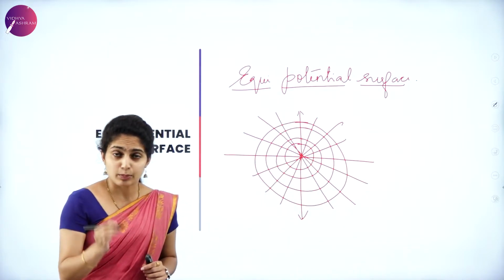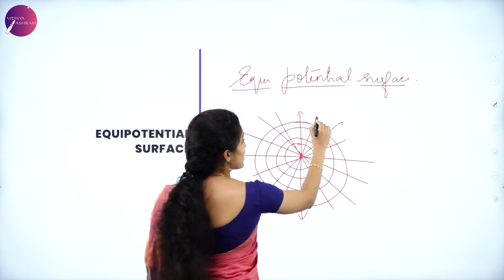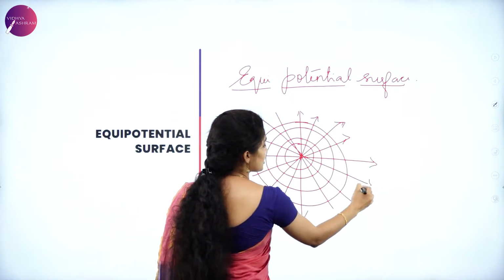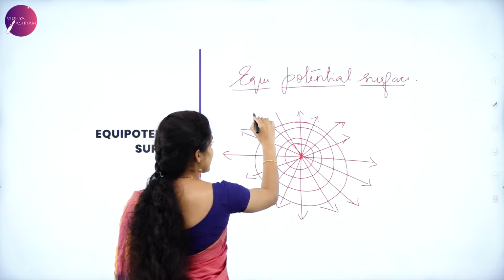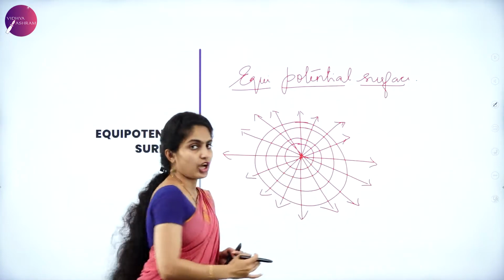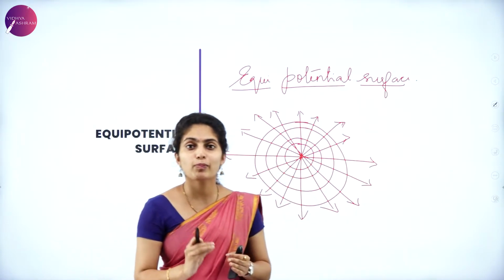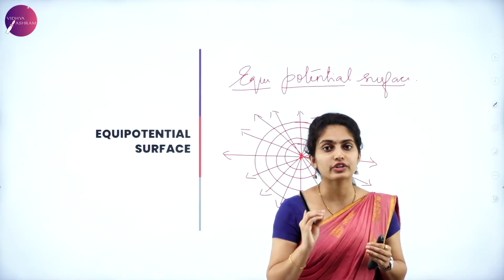Okay. Suppose if the charge is positive charge, then it is away from the charge. Suppose if your charge is negative charge, then this arrow should be towards the charge. So this is all about the point charge as well as the equipotential definition on the surface.